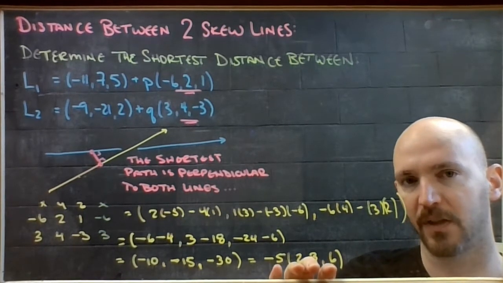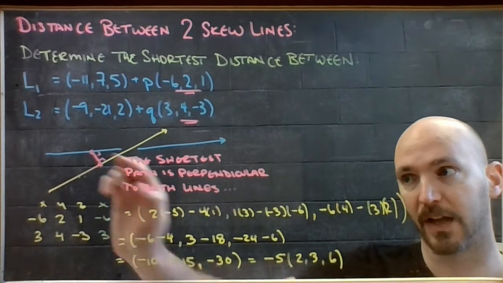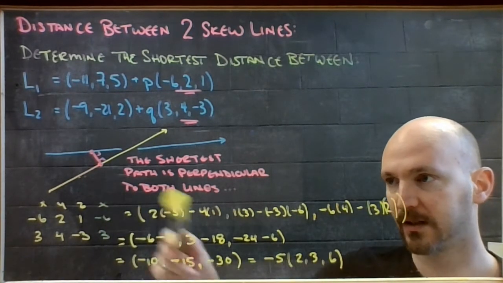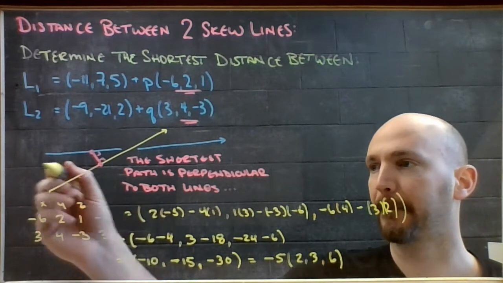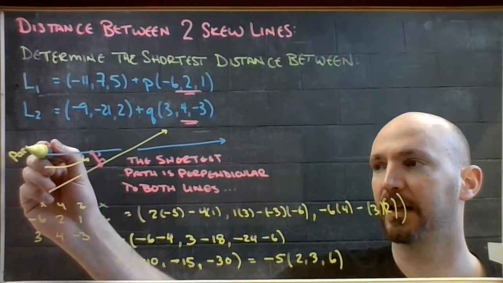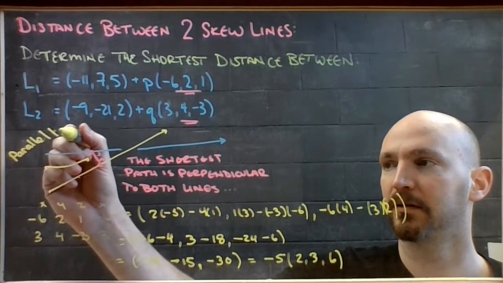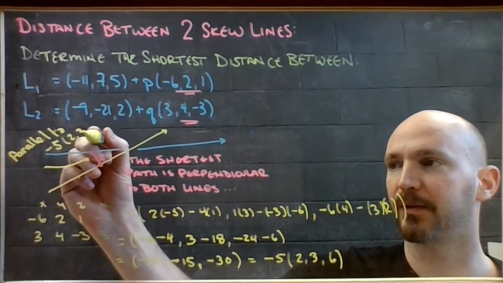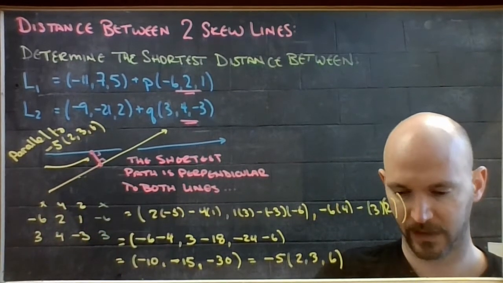As long as I'm following the right proportions, I should end up with something that's parallel to that. I'm going to just jot that in here. That path is parallel to negative 5, 2, 3, 6. Okay.